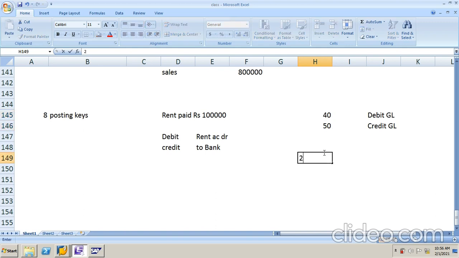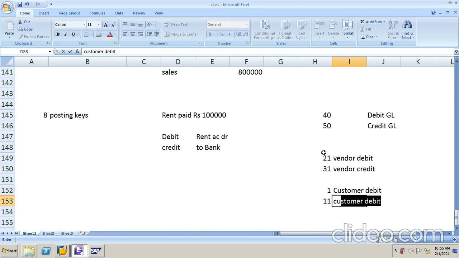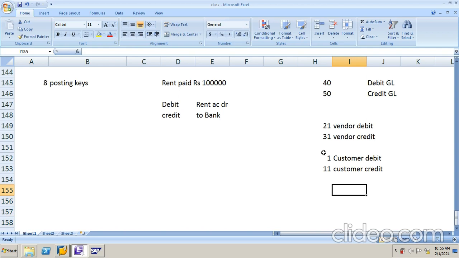The next one is 21 for vendor debit, 31 for vendor credit, then 01 and 11 for customers, and 75.